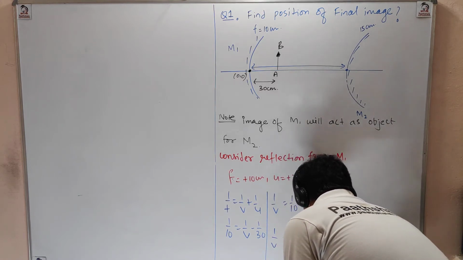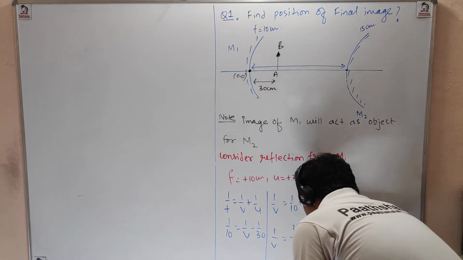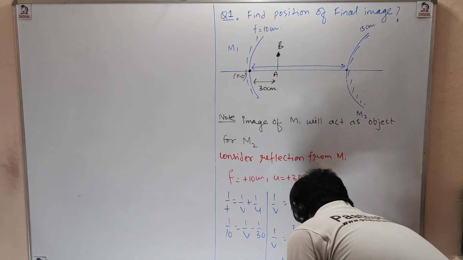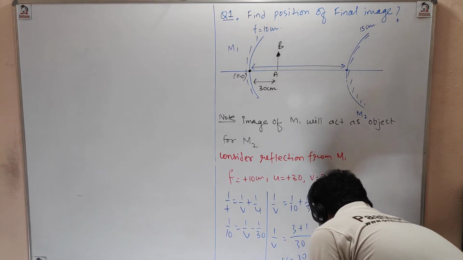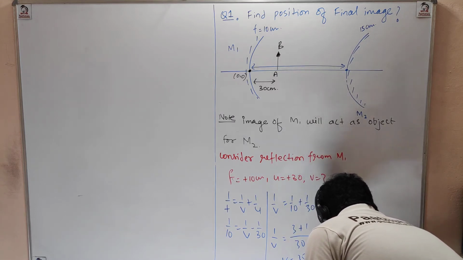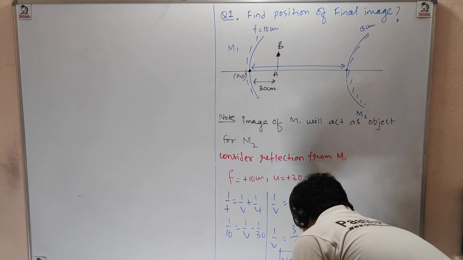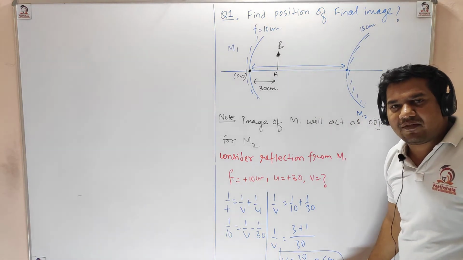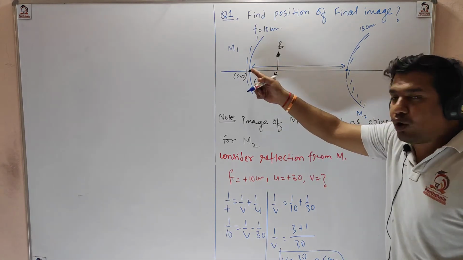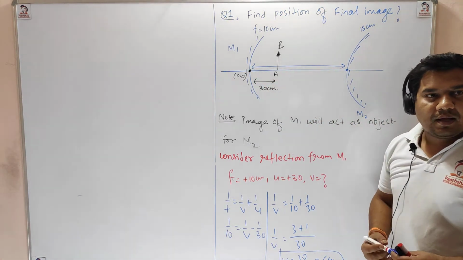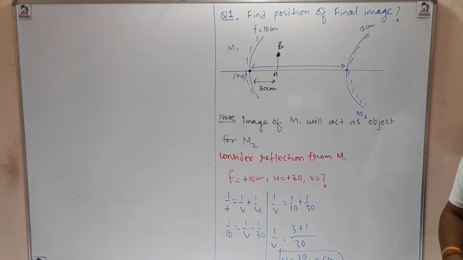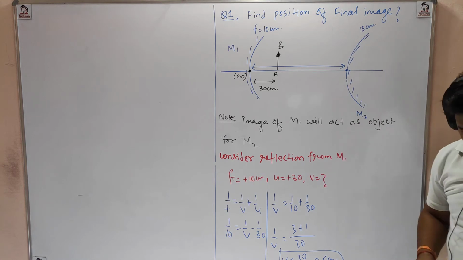LCM will be 30. 3 plus 1, so v is equal to 30 by 4, that is 7.5 centimeter. So we'll get the first image at 7.5 centimeter from the pole of M1. Till this, everyone agrees? Please show me a thumbs up sign. Any problem till this? Okay.